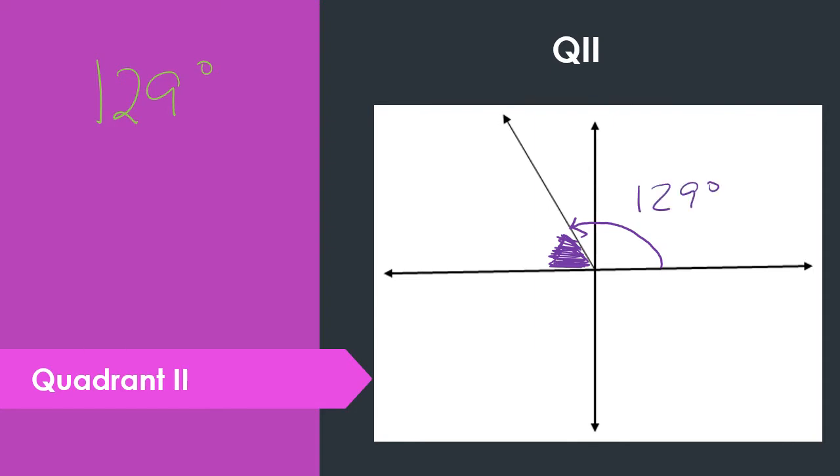Since that angle is bigger than 90 degrees and it's not an acute angle, that is not your reference angle. In order to find the remaining part of the angle, we are going to take 180 degrees and subtract 129. So I have a reference angle of 51 degrees, which meets the conditions that theta is between 0 and 90 degrees.